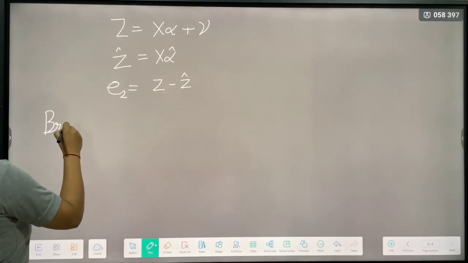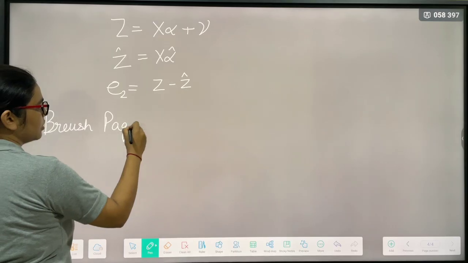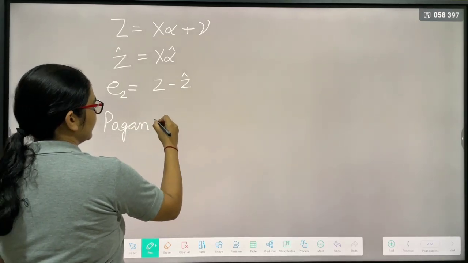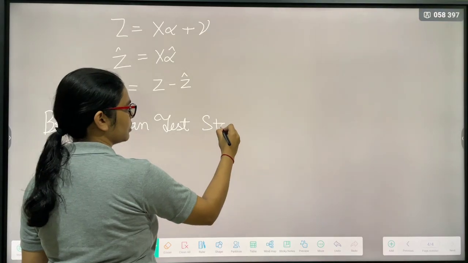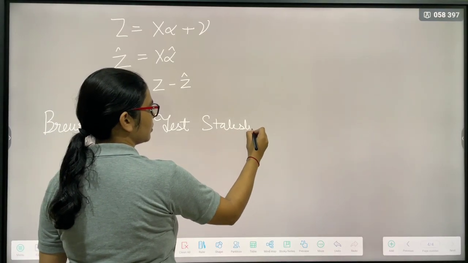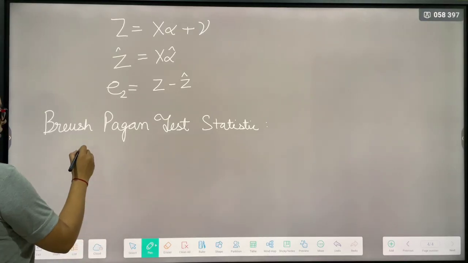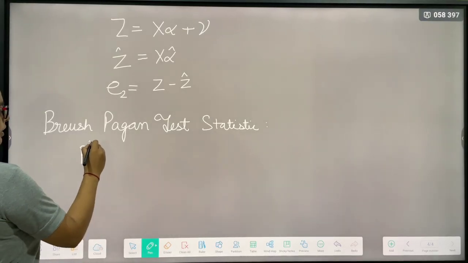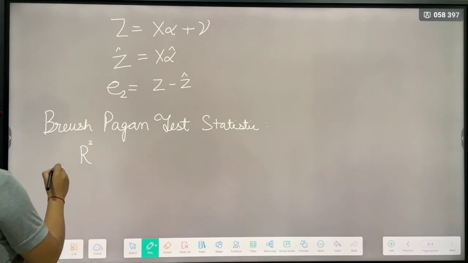Now the Breusch-Pagan test statistic. For the Breusch-Pagan test statistic, first of all, we will calculate R square, which is the coefficient of determination.